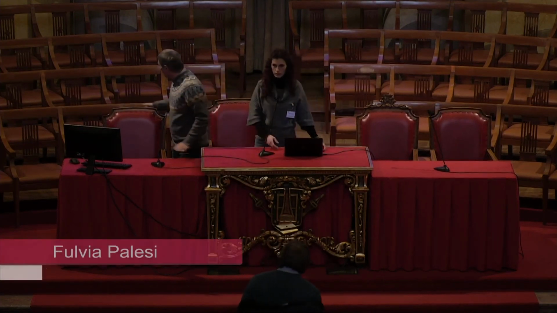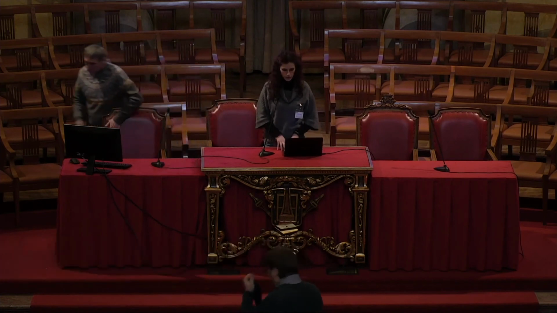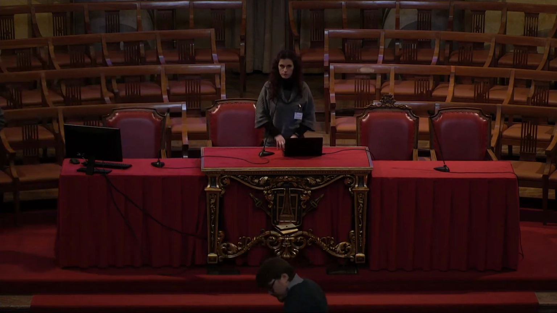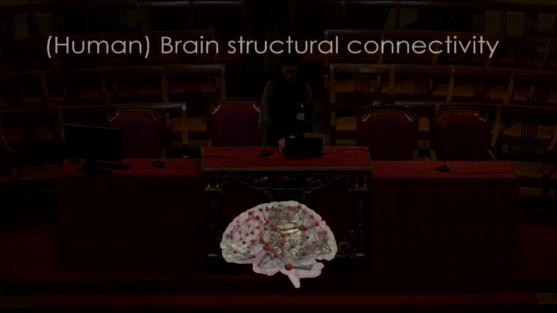Okay. Good afternoon, everyone. I will be very short, and I will do a sort of recap of TVB. In particular, I will speak about the human brain structural connectivity and the simulation of human brain dynamics.